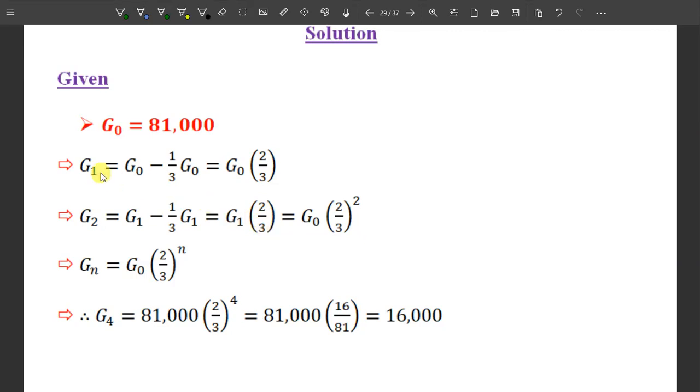But G1 we already obtained: G1 is equal to G naught times 2/3, and therefore substitute G1 by this expression, G initial times 2/3. Then it becomes G initial times 2/3 to the power of 2.